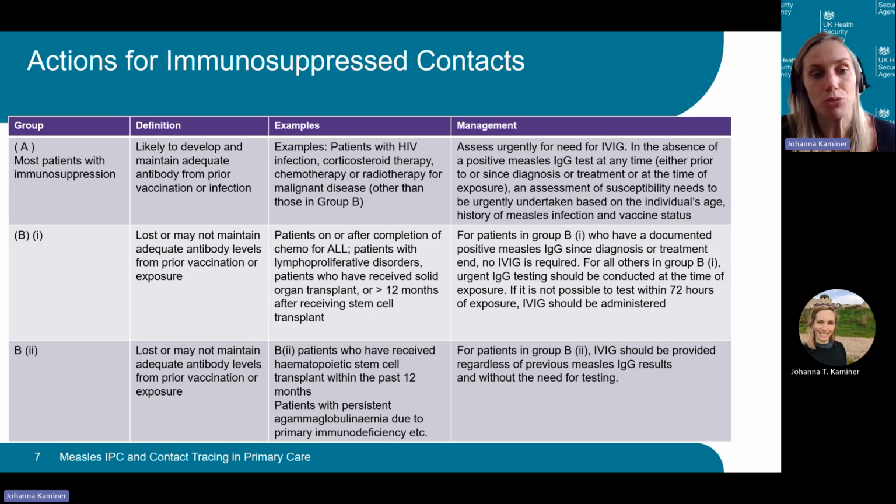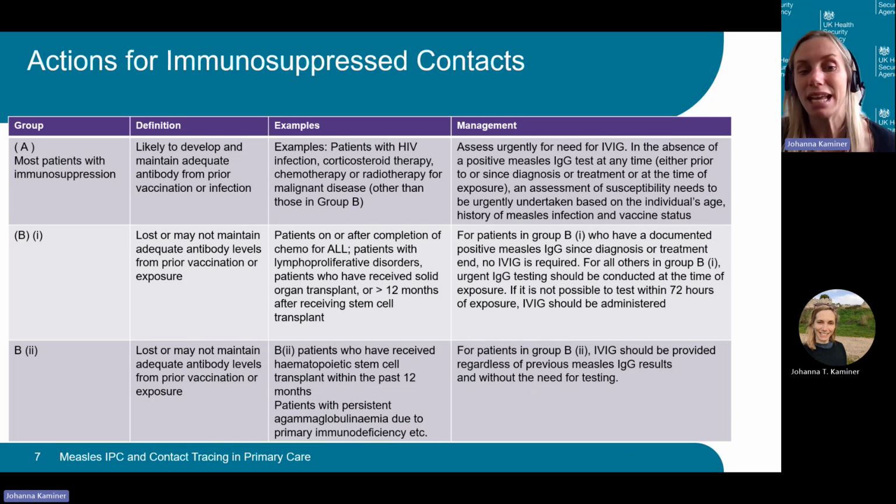Patients in Group A should be assessed urgently for the need of IVIG. If patients in Group A had a previous positive measles IgG at any time, either prior to or since diagnosis or treatment, or at the time of exposure, we would consider them to be immune and they would not need IVIG.